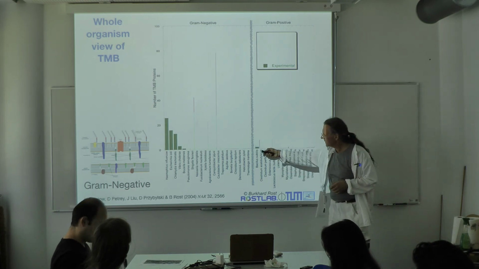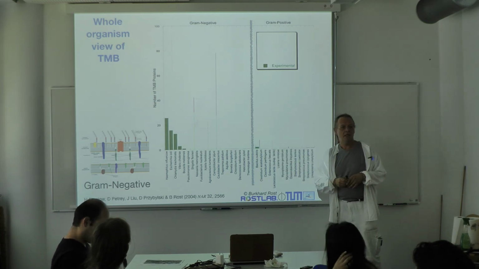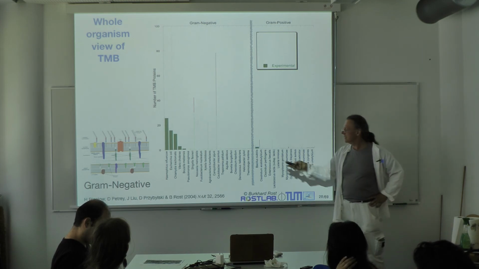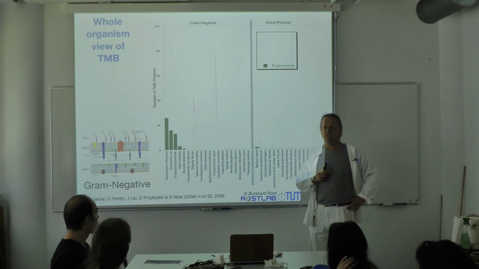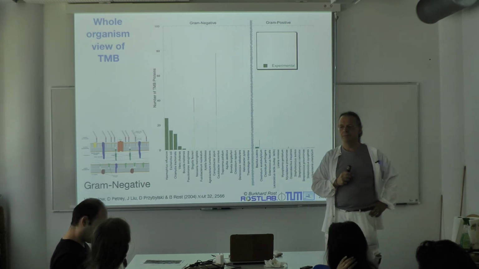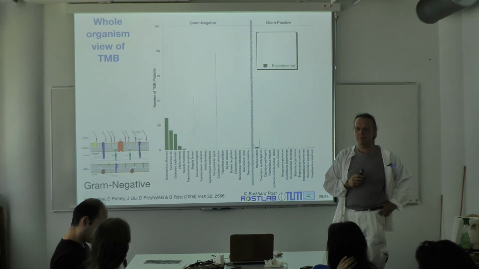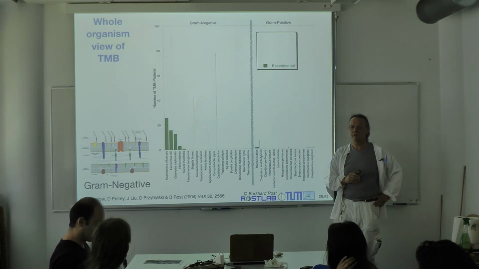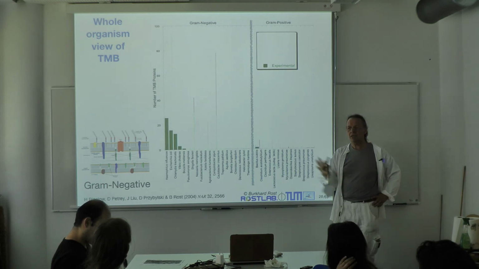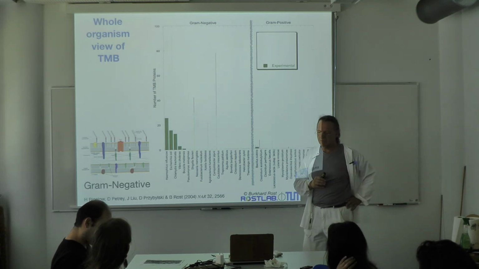Somebody found that in this bacterium, I don't know what the paper is, there's experimental evidence that this is an outer membrane protein in a bacterium that doesn't have an outer membrane. So this is a mistake. This is always something you have to remember: experiments can be wrong even on that extreme level.